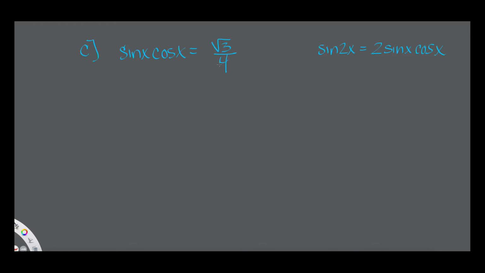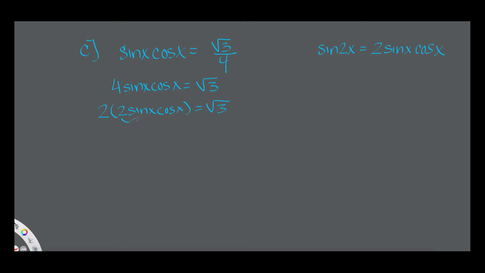All right, so we'll start by, we've got a 4 down here. What happens if we multiply both sides by 4? So we get 4 sine x cosine x equals the square root of 3. All right, we're getting closer, right? Because 4 is 2 times 2, right? So I can rewrite the left side here as 2 times 2 sine x cosine x, and that all equals radical 3.